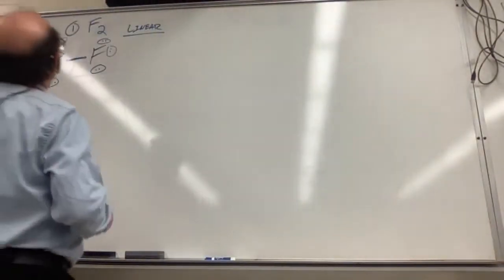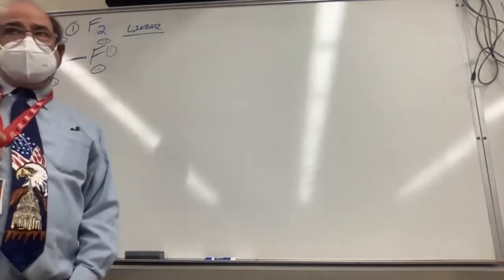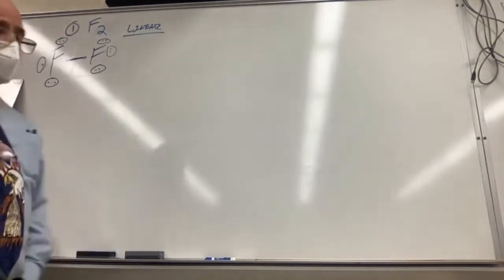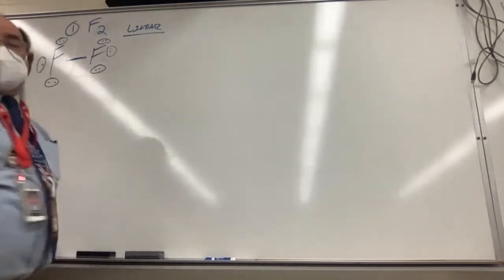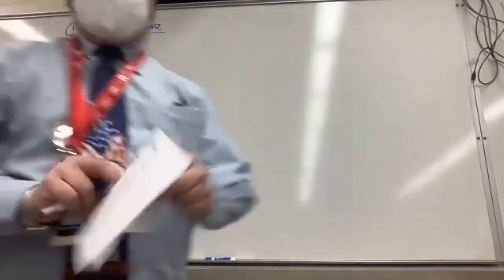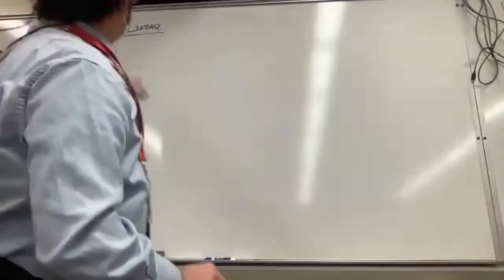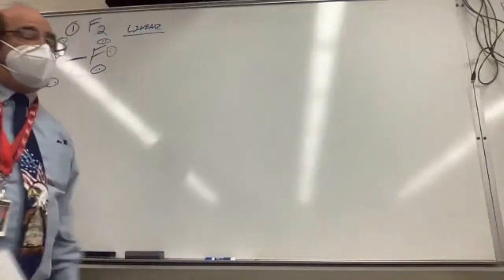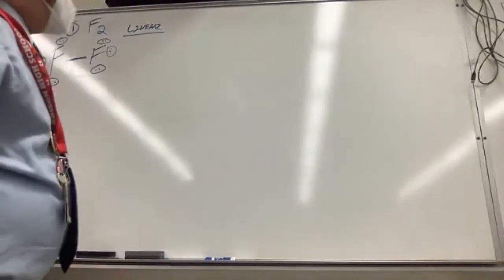Okay, so linear. Now the question is, is it polar or is it not polar? It is non-polar. Why is it non-polar? Well, you could do it the hard way, which I don't recommend, by taking the electronegativities. You find fluorine. Fluorine has 4. The difference between 4 and 4 is 0. So why did I have to bother doing that?